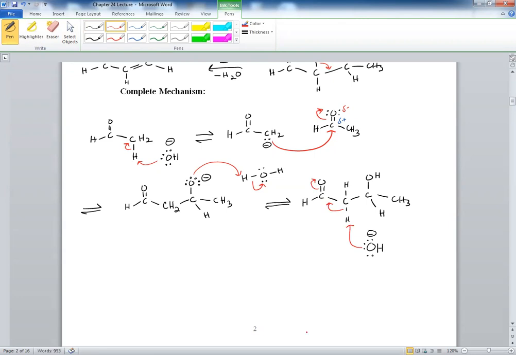That's really the mechanism: you deprotonate the alpha proton, electrons shift, form a double bond, and then of course the carbonyl double bond breaks.